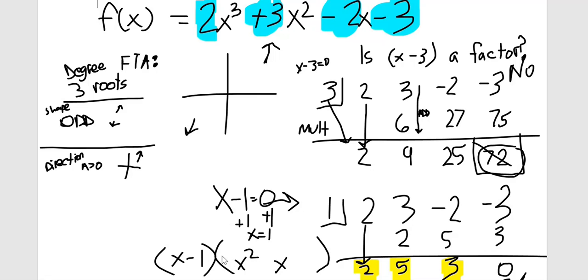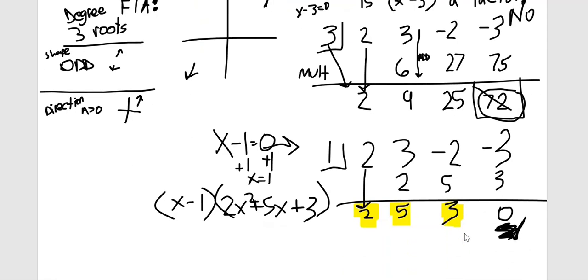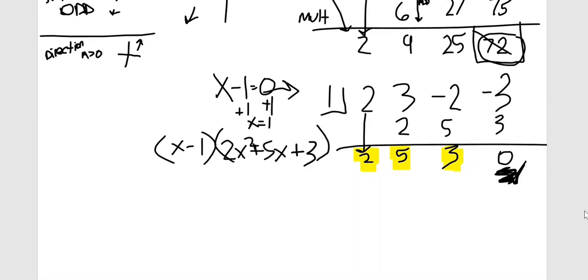So I'm going to fill in the coefficients: 2x squared plus 5x plus 3. And there's my depressed equation. It's a depressed equation because you've removed one factor and made the exponent go from a cubic down to a quadratic. So now we've got it in factored form partially, right?